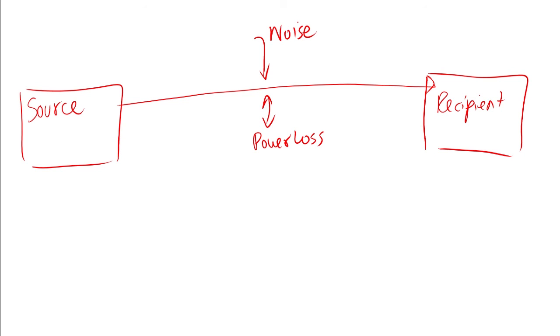We also have an echo, because this guy might not be able to absorb signal as well as he wants to. So some of our signal bounces back, which is bad. So we have to be able to filter it.